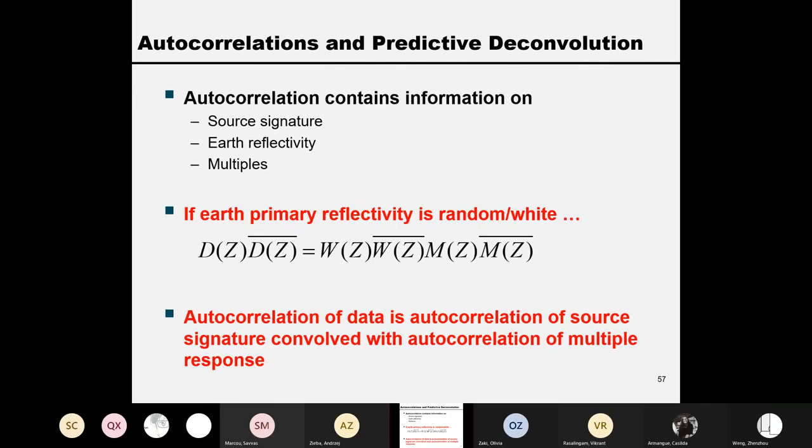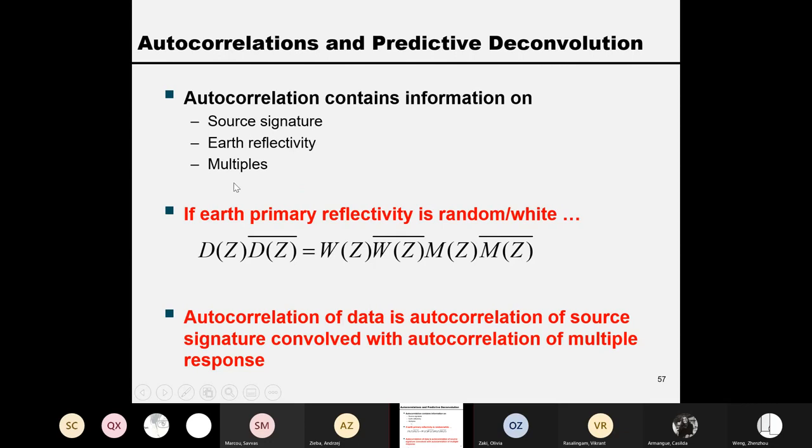Let's see how the autocorrelation works for predictive decon. Autocorrelation, we said, for a general seismic trace, contains information on the source signature and the subsurface reflectivities, and also the multiples now, right?